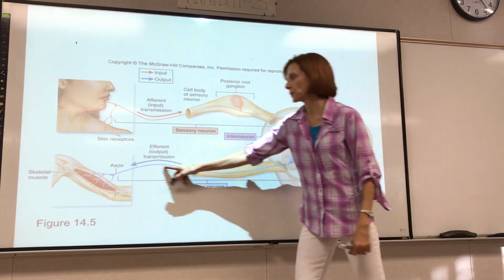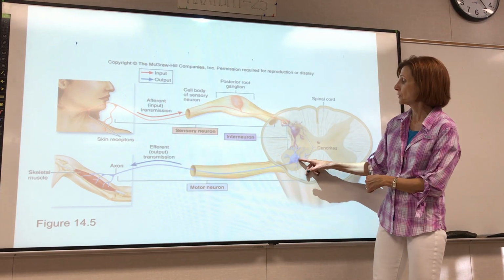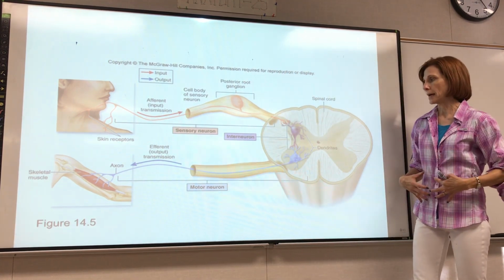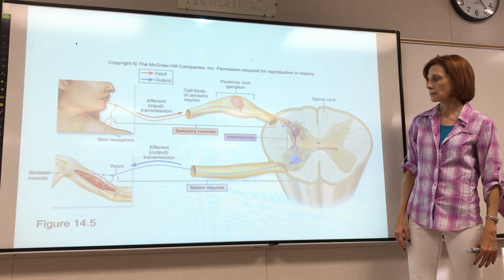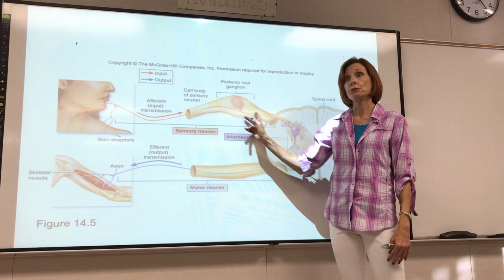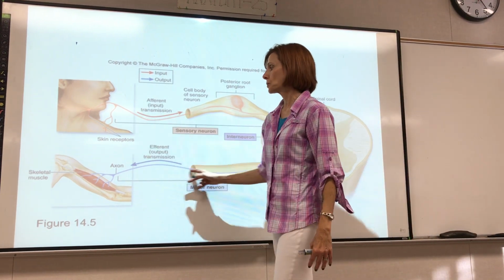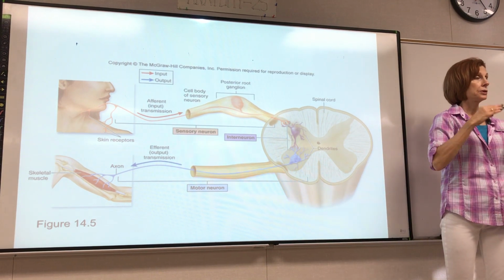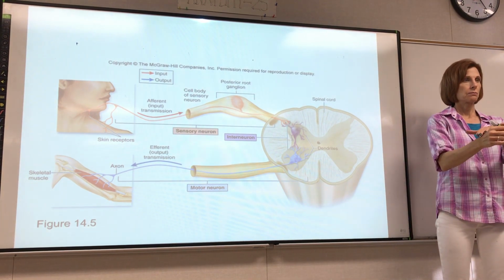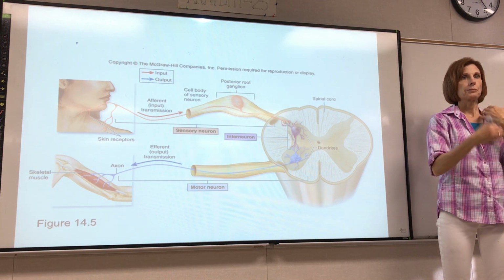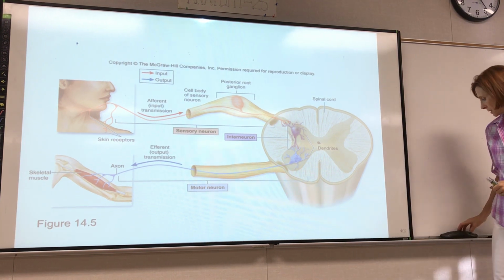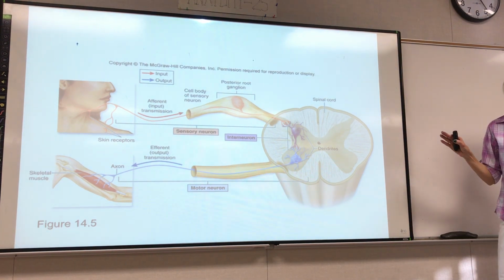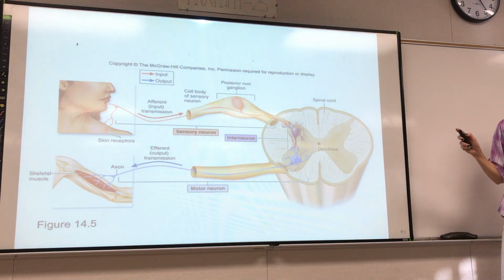And same thing with the motor neuron, it's going to go all the way from the spinal cord out to the muscles, wherever they happen to be. And they travel in nerves. So as they're going out to the body part, they would go in a nerve. That's how they go out to the periphery from the central nervous system. Okay? Does that make a little sense? Do you have any questions on any of that?